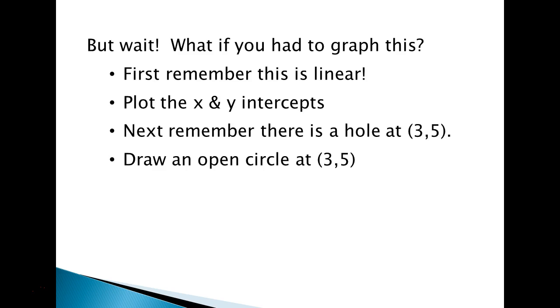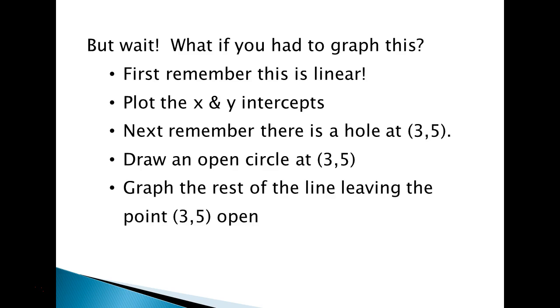So what do we do? We know that this hole exists at x equals 3 and y is equal to 5. And so we're going to draw an open circle at 3, 5. Now I literally mean an open circle big enough for you to see and for whoever's evaluating your work to see.